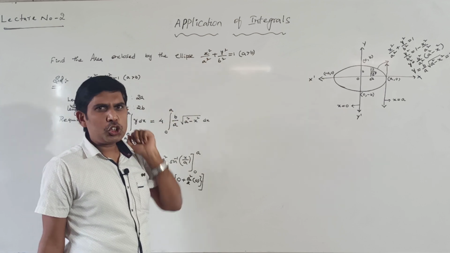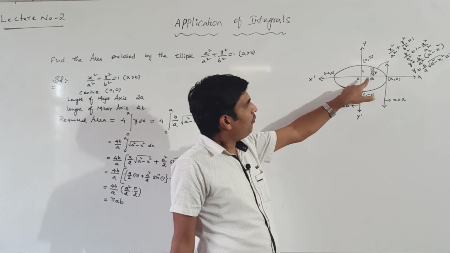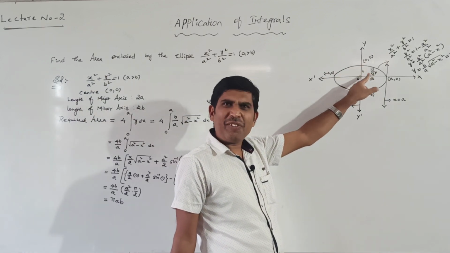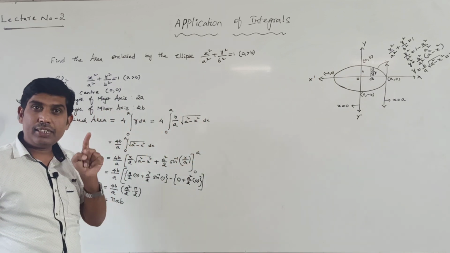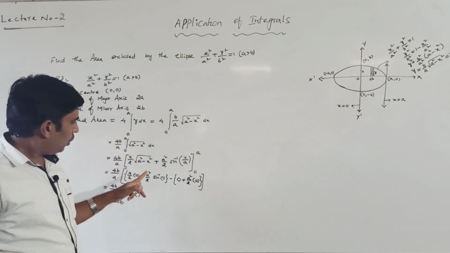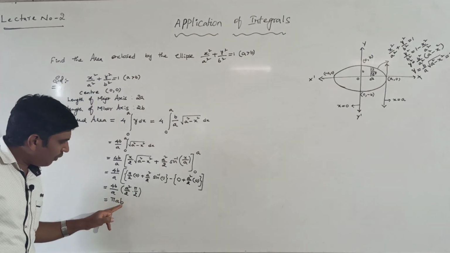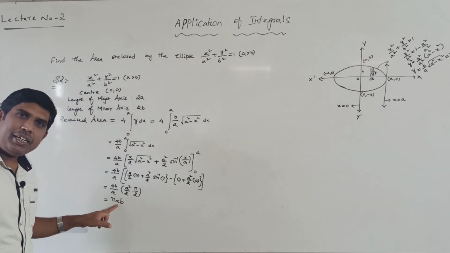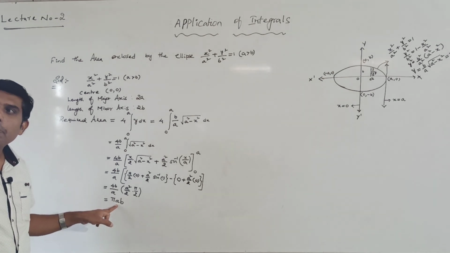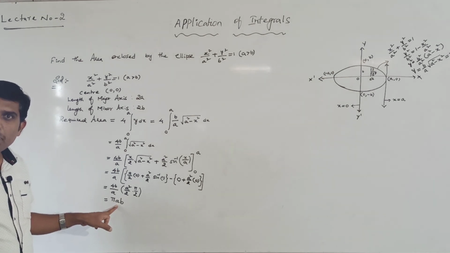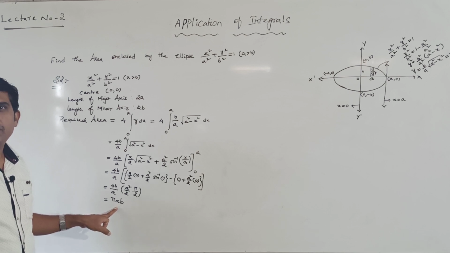What happens if a is equal to b? If the a value and b value are equal, it turns into a circle. So if the a value and b value are equal, what will we get here? Pi a square. Already we discussed the area of a circle. What is that? Pi a square. So remember, a circle is a particular case of ellipse.